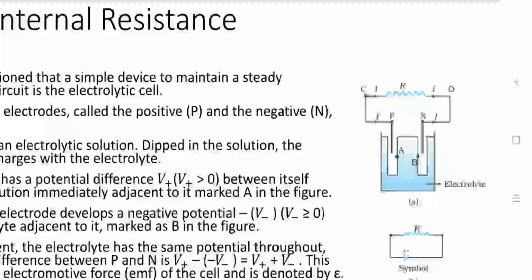So EMF is the potential difference available when the circuit is open, with no current flowing through it.